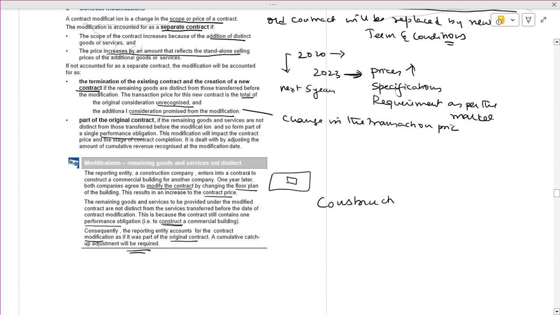Construction will remain, but the only thing is you are changing the modification, is it right? Modification of what? Modification of floor plan. If we are doing a modification with respect to floor plan, accordingly we have to work it out.